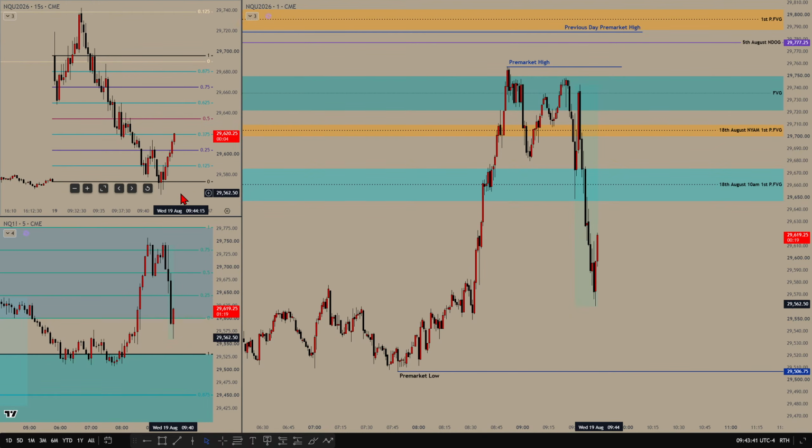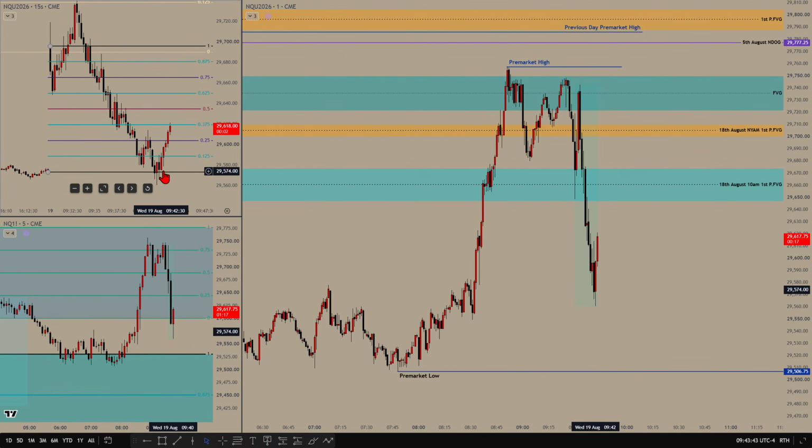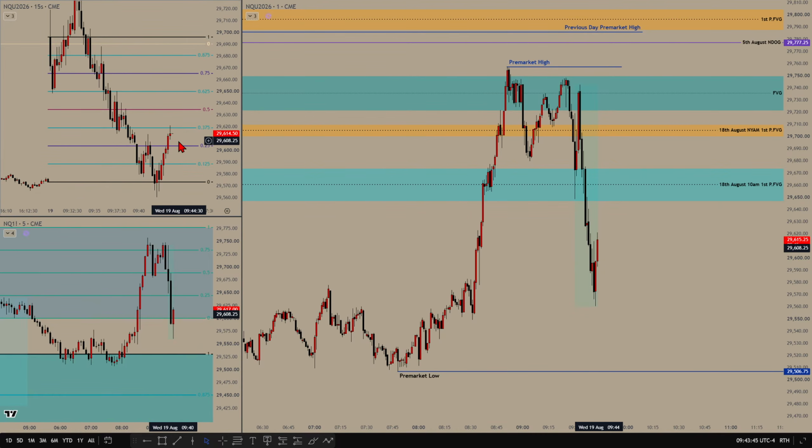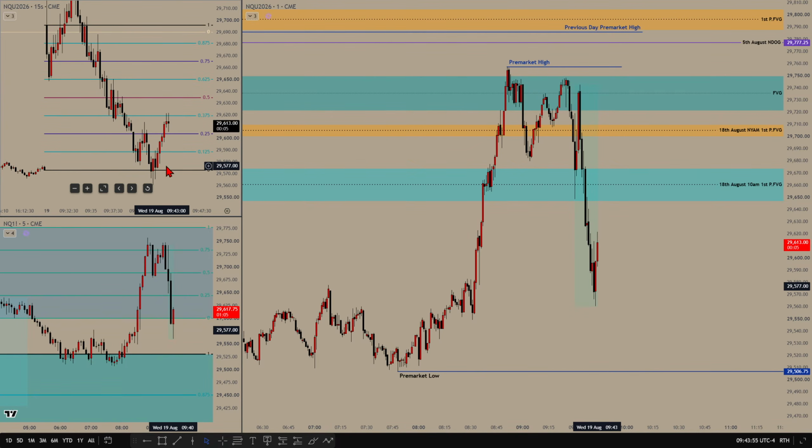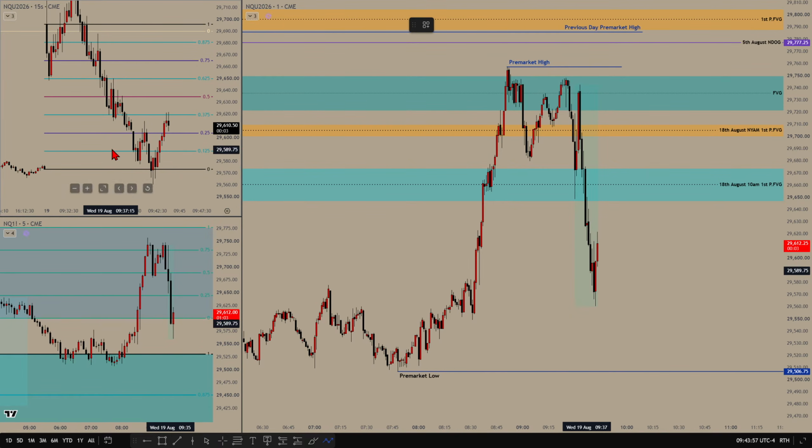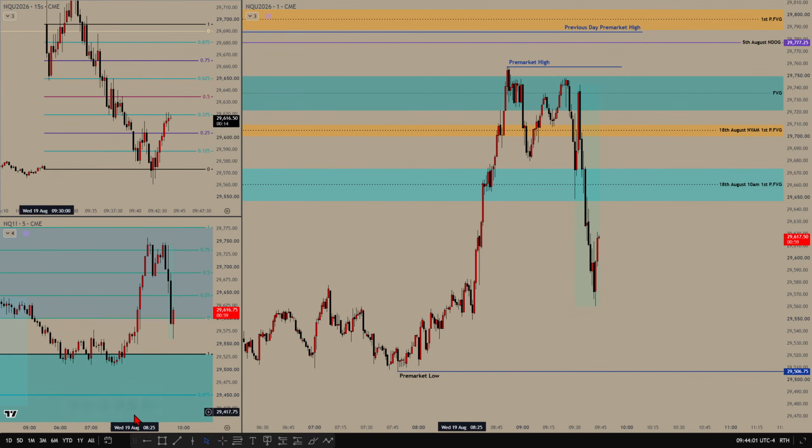Alright, see the body stayed at that low. Good, and now it's had that rally. We want to see now reversal signatures. So a market structure shift, a change in state of delivery, an inversion, a V-shaped reversal. That there is a V-shaped reversal on the 15-second with an IFVG.